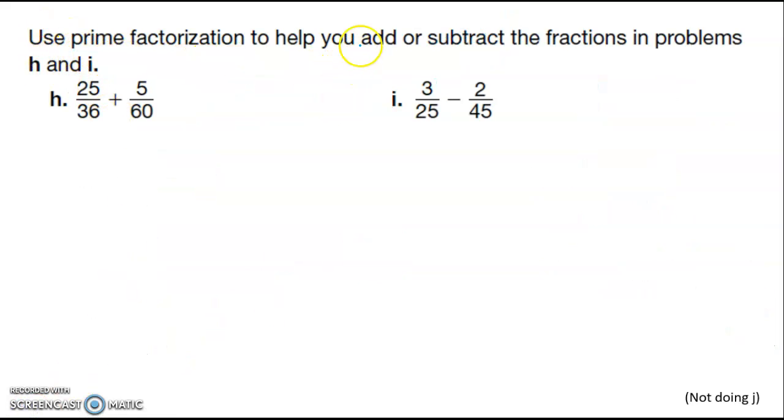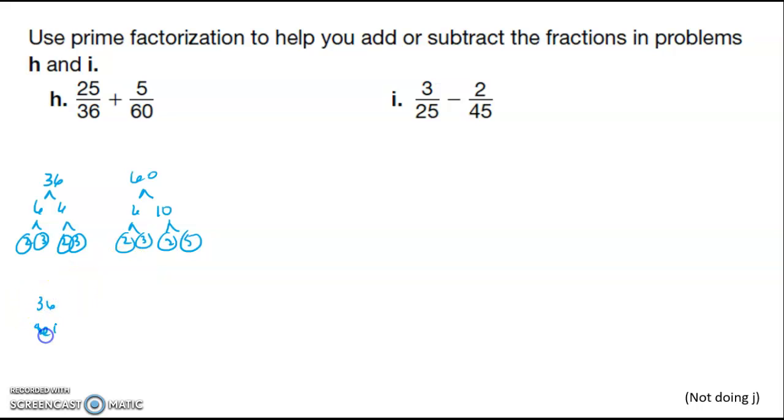Okay, use prime factorization to help you add or subtract. I wish not to use prime factorization, but here we go. 6 is 2 times 3, and 6 is 2 times 3. And then 60 is 6 and 10, 2, 3, 2, 5. So if I have 36 and 60, this is 2 times 2 times 3 times 3.